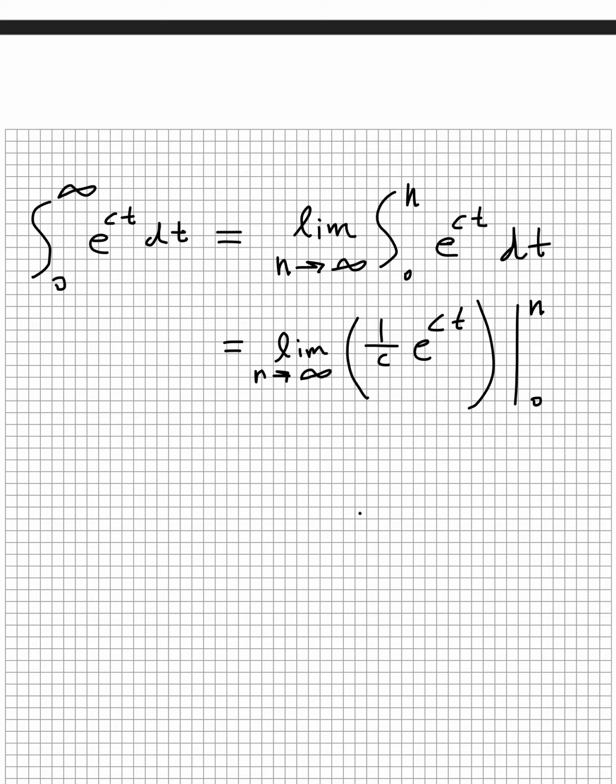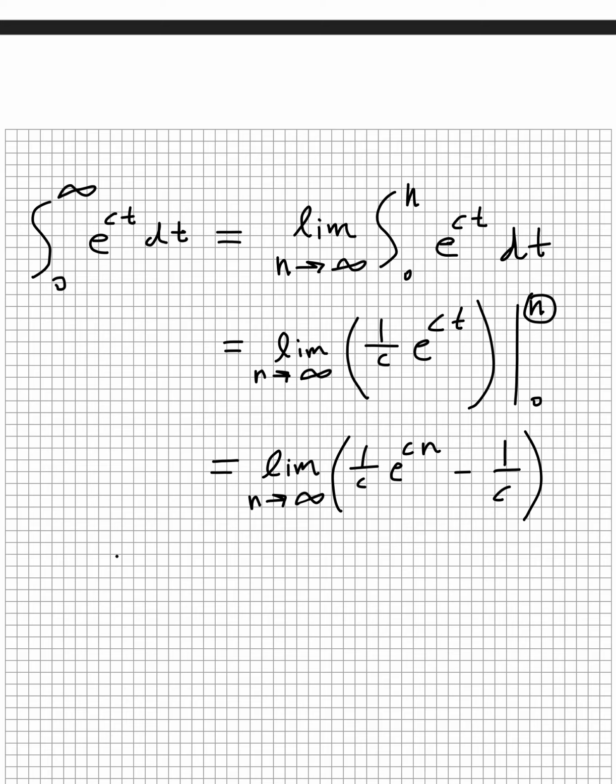We can then evaluate this further and show that the limit as n goes to infinity becomes 1 over c e to the c times n, plugging this in, and then subtracting from it 1 over c. When we plug in 0, this e to the ct becomes 1, so we're left with 1 over c, and close parentheses.